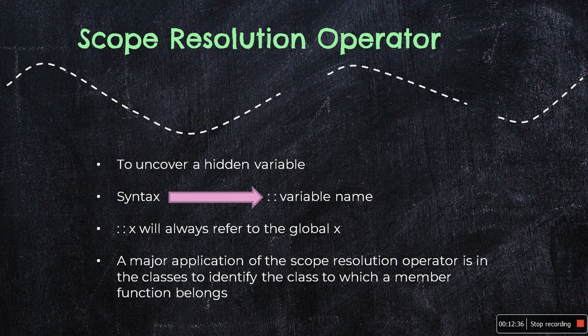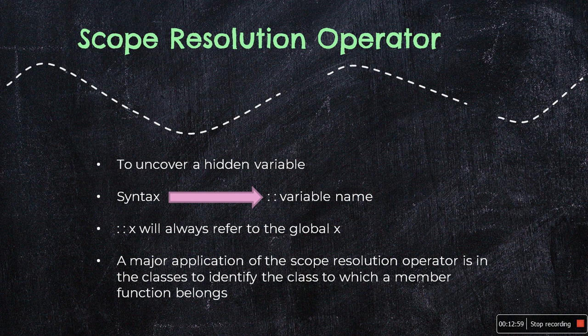So a variable declared inside a block is said to be local to that block. Suppose block 2 is contained in block 1, then a declaration in an inner block hides a declaration of the same variable in an outer block.